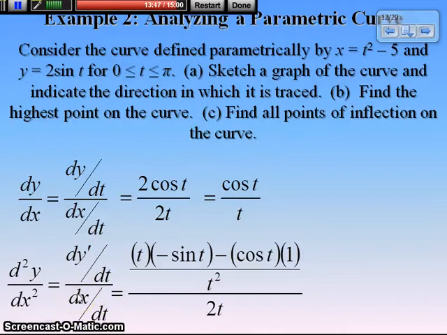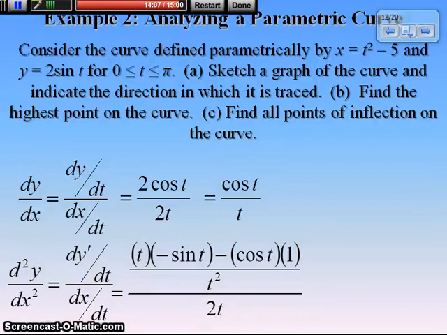There's a variety of reasons why, and I'll be happy to explain that in class if you want. But when you're doing the second derivative with parametrics, you take the derivative of what you just got for the first derivative, which we did by the quotient rule, and you put that over dx/dt, which is the derivative of the x, right here.